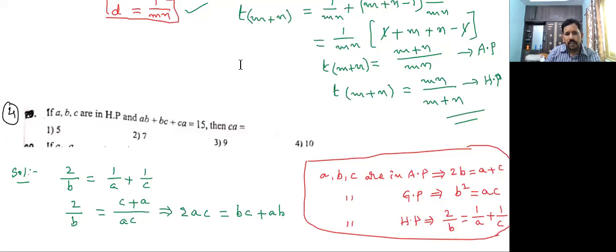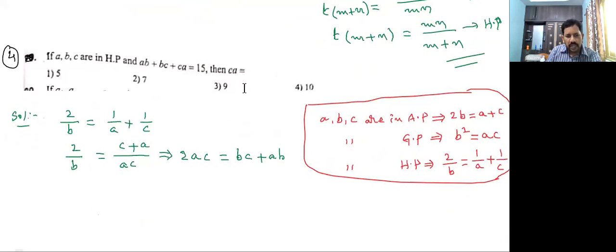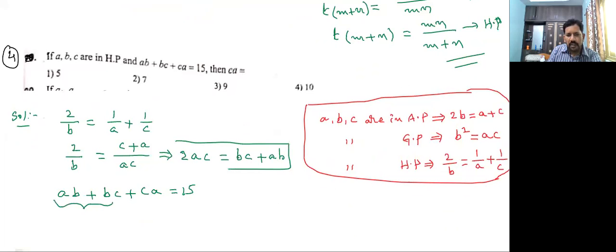See the question, what they are asking: ab plus bc plus ca, that value is 15, find ca. What is ab plus bc value? Already we got here. ab plus bc value is 2ac or 2ca.